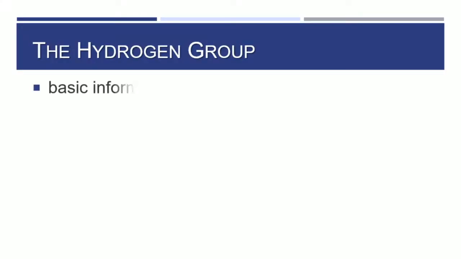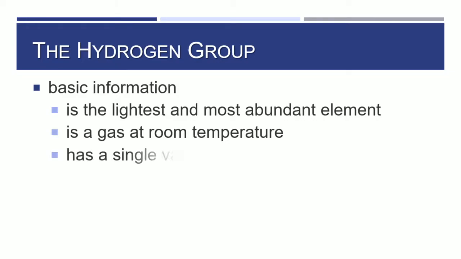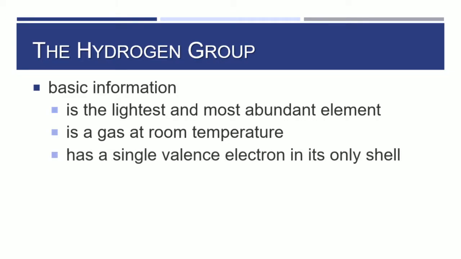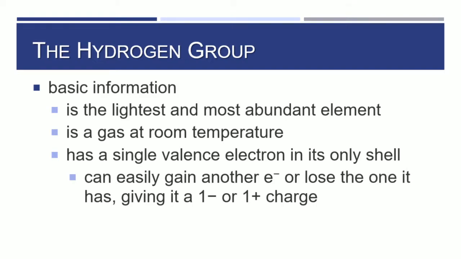So here's some basic information on hydrogen. It's the lightest and most abundant element. It is a gas at room temperature. It only has one total valence electron in its one-level shell. And it can easily gain another electron, or it can lose the electron it has.